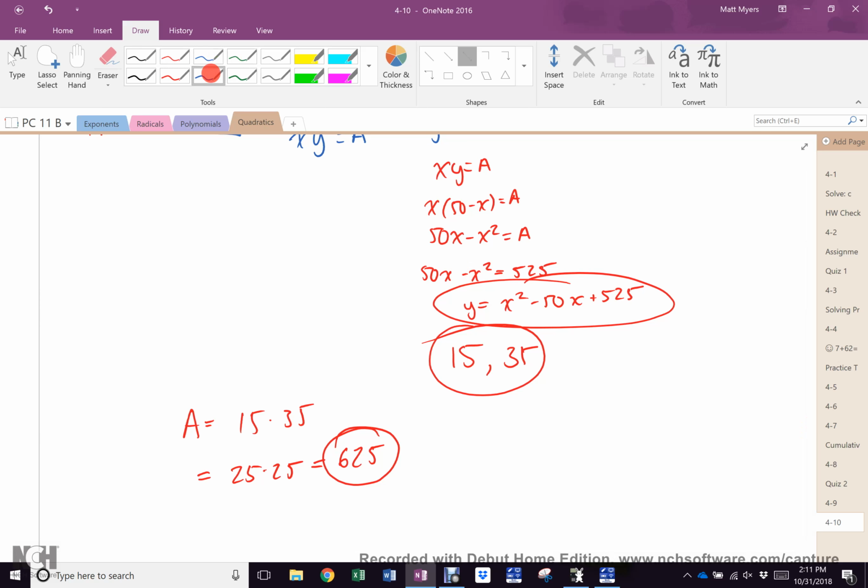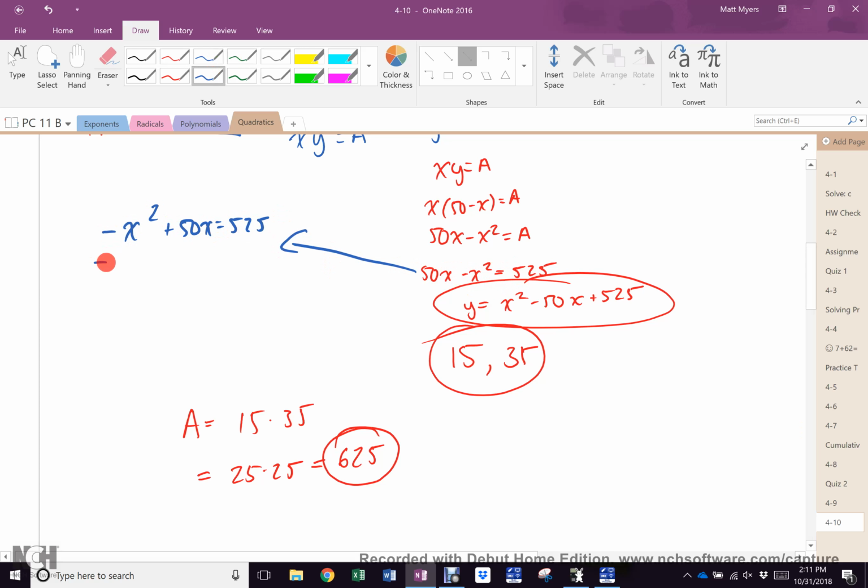I'm going to show you why, Damaris, and then it'll help. Right here, I could go negative x squared plus 50x equals 525, right? You with me?